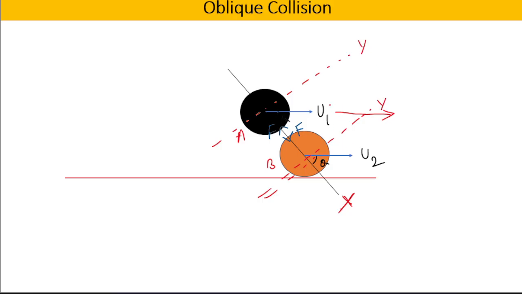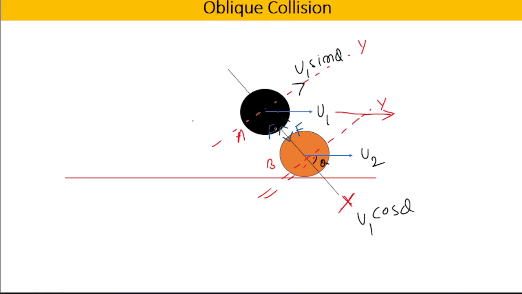Now you break velocity along these two lines x and y. So if you break it, आपको दिख रहा है u का component इधर कितना होगा, u1 sin theta, and what will be the component of u1 along x axis? That is u1 cos theta. So what do you think? Which component of velocity of A is going to change because of collision?